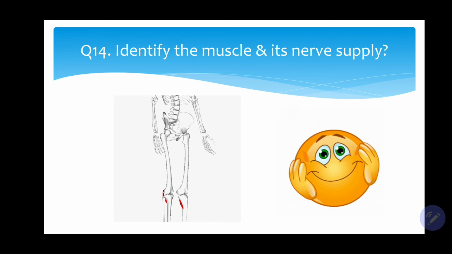So let me tell you, the clinical point is here: people who are in the habit of sitting in a squatting position for a long time, right? Such as bakers, who work in a bakery, right?